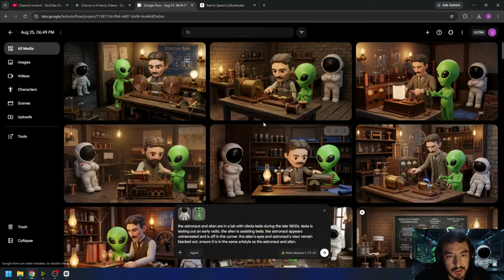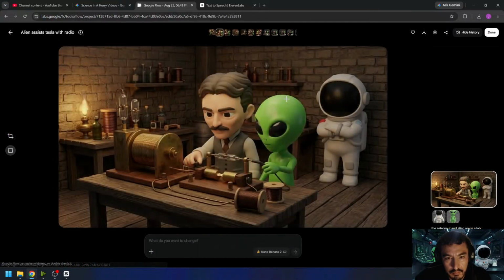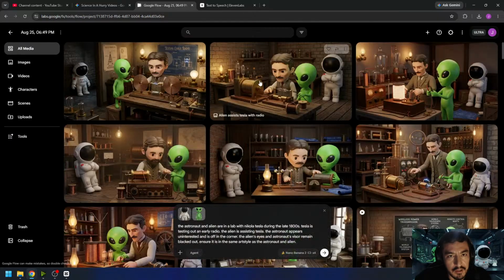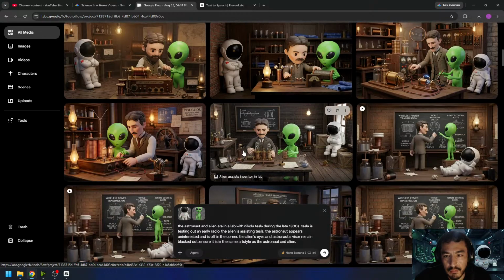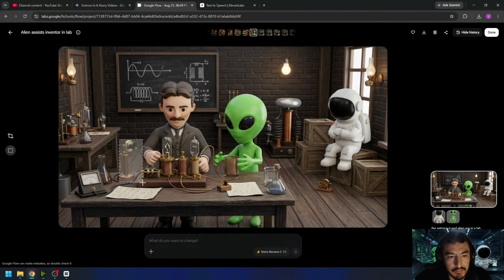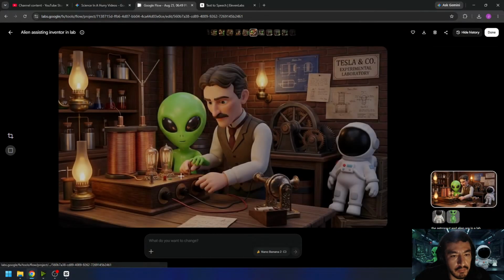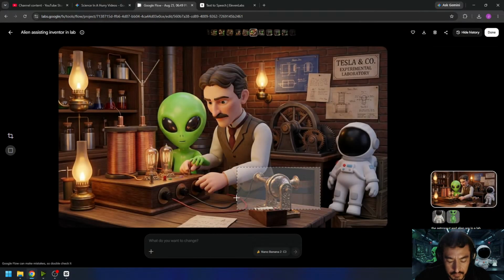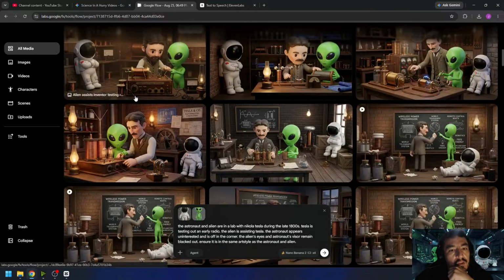Doesn't make any sense. None of these really look like an early radio to me, aside from these two down here, because you've got the little receiver or transmitter. Same with this one. That's more of an early phone, maybe.